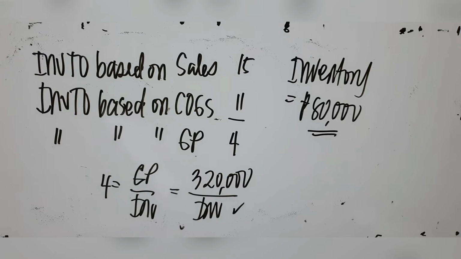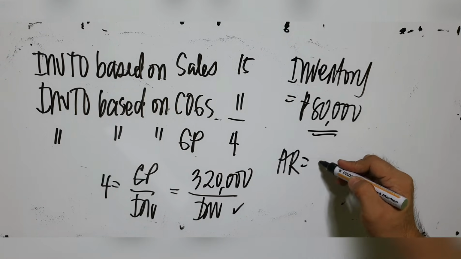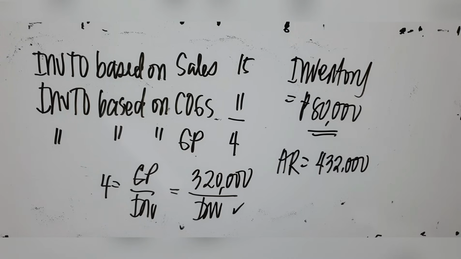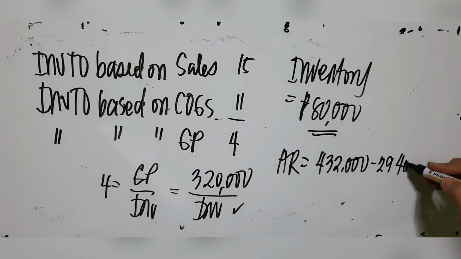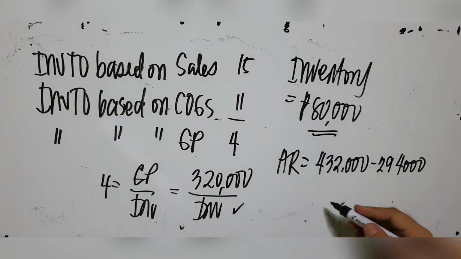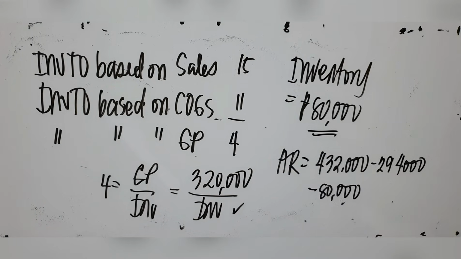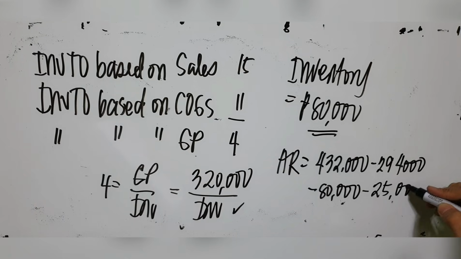So, for your AR, that would be 432,000 na total asset minus the 294,000 na property, plant and equipment minus the inventory na 80,000 minus your cash na 25,000.